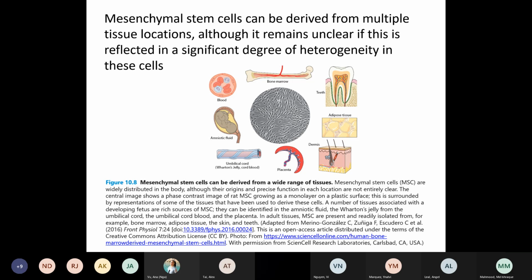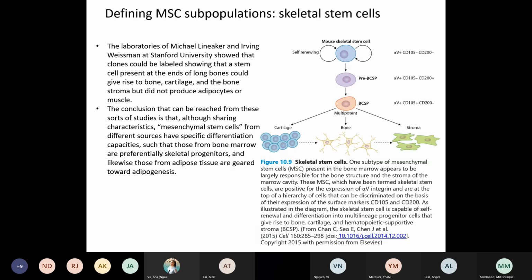That's a topic that scientists would like to explore. That is important. And here I show you one example of work along that direction. The work was done by Michael Lineker and Irving Westman at Stanford. Now again, Irving Westman.